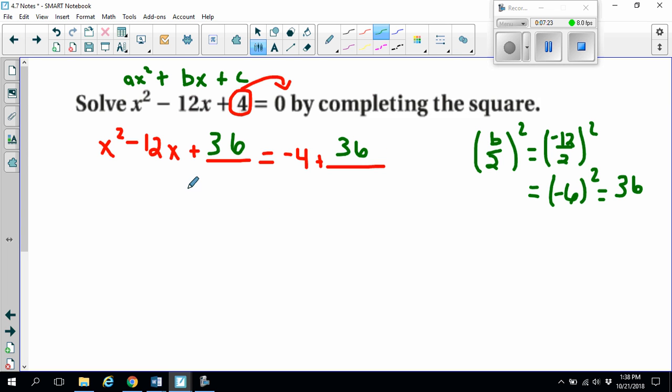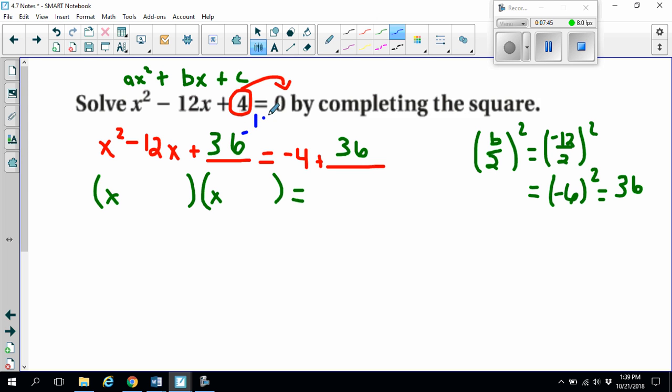So now what I'm going to do is factor x squared minus 12x plus 36. Because the a value for the x squared should be 1, this makes it a lot easier to factor. So I know I have x, and I'm going to figure out all the factors of 36.